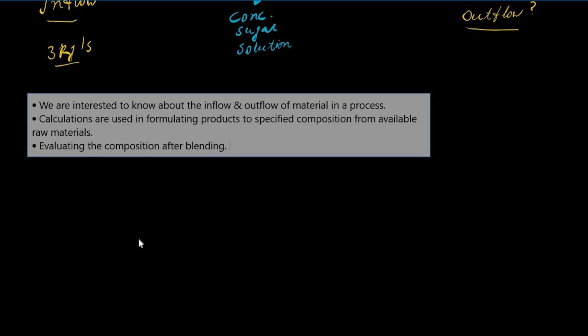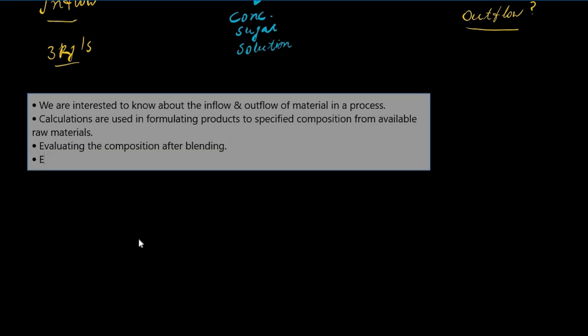Let's take the example of apple juice, or maybe even a mixed fruit juice, where you have to blend different components to attain the desired result. In that case, if we want to evaluate what is the composition that will be achieved after blending, we need to apply the material balance equation.